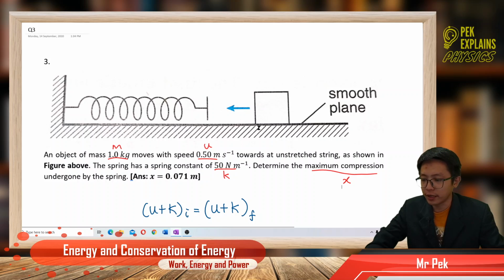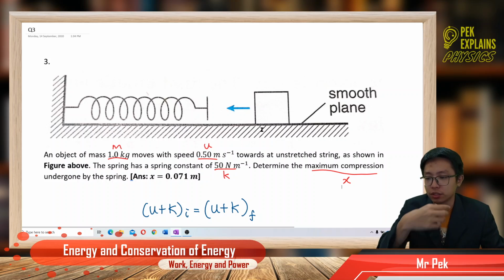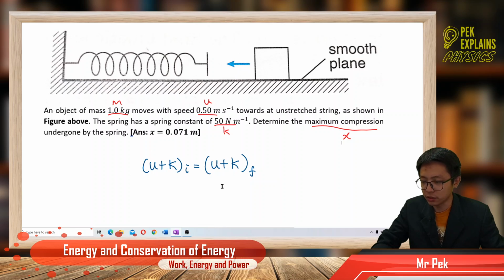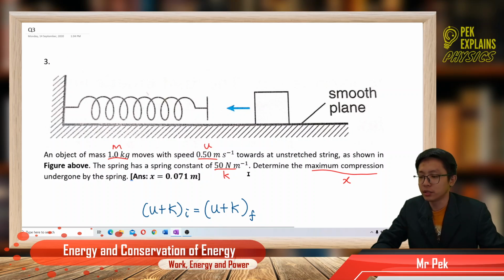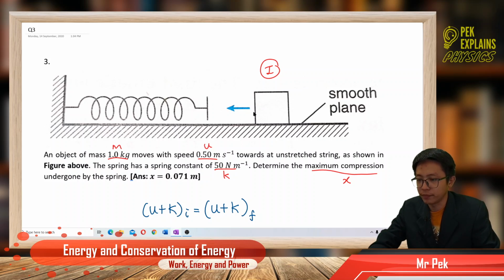So let's identify the energy that exists in the initial condition and also the energy that exists in the final condition. We use the law of conservation of energy to do it. Initially, what kind of energy does it have? Before hitting the spring, the block has velocity, so that means it has kinetic energy initially.